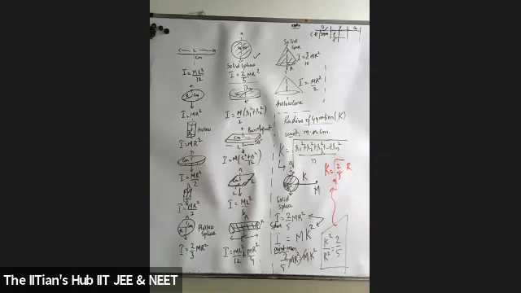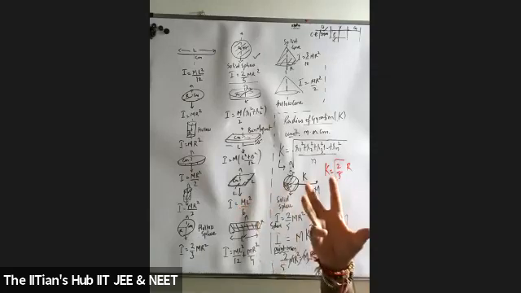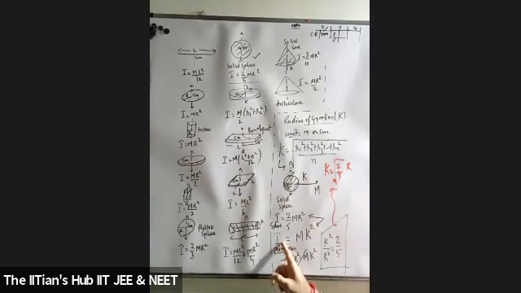Students, is this clear to all of you? Are you getting it? Concept of radius of gyration. Radius of gyration is defined as the distance of a point mass where the entire mass of the body is supposed to be concentrated, and it has the moment of inertia equal to the moment of inertia of the body.